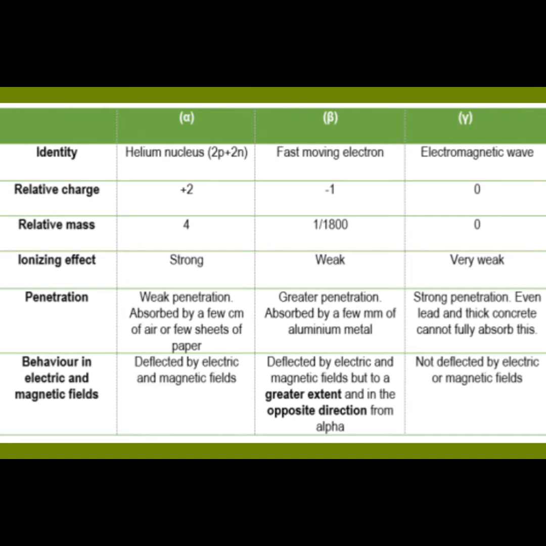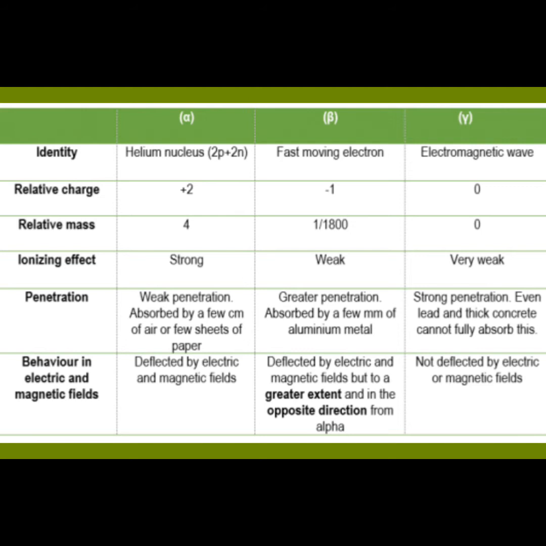Relative mass: alpha particles have a relative mass of 4 atomic mass units, whereas beta particles have a relative mass of 1 over 1800, which is a very small number, whereas gamma rays do not have any mass. The mass is 0. The ionization effect of alpha particles is very strong, beta particles weak, gamma rays very weak.